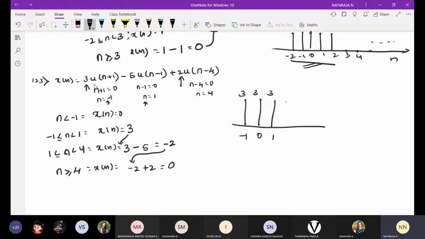Less than or equal to, not less than 1, minus 1 less than or equal to n less than 1, sorry. Then from 1 to 4, we have amplitude minus 2. 1 less than or equal to n less than 4, it will be minus 2. All other conditions will be 0.